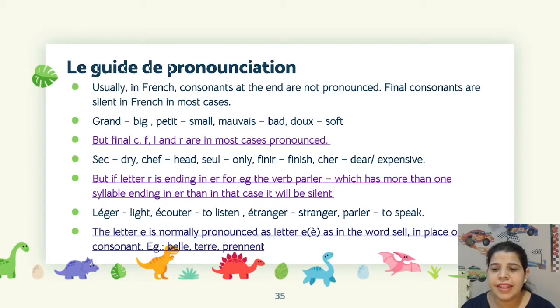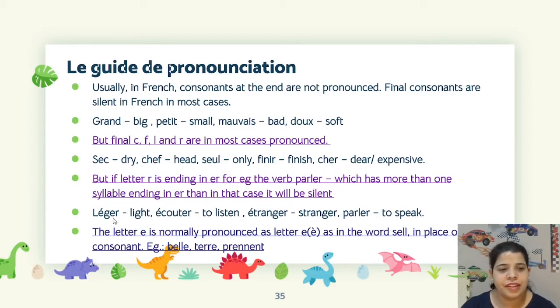But in case where there is more than one syllable in words, in those cases the letter R, if it is falling at the end of a word, like the final R, will not be pronounced despite being the final letter.